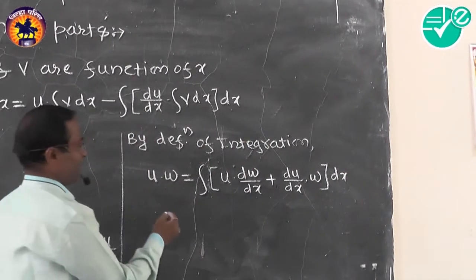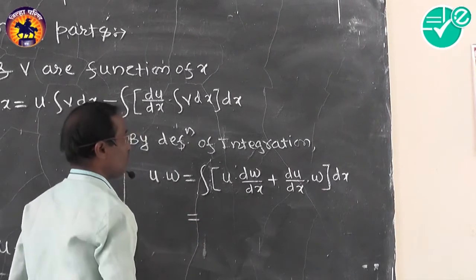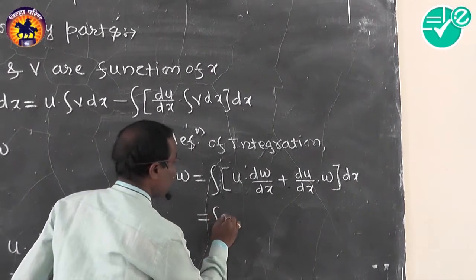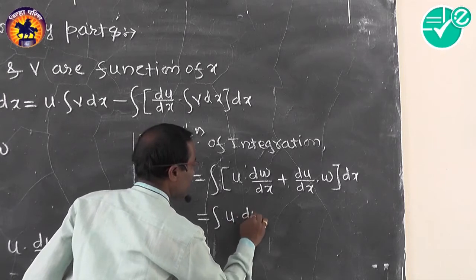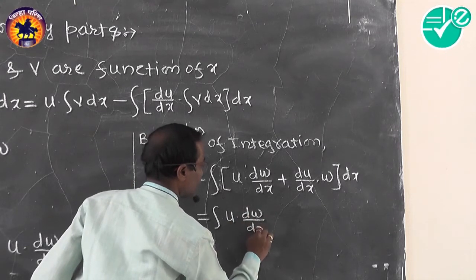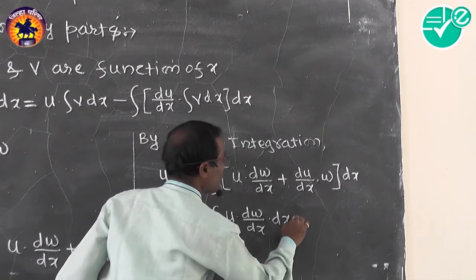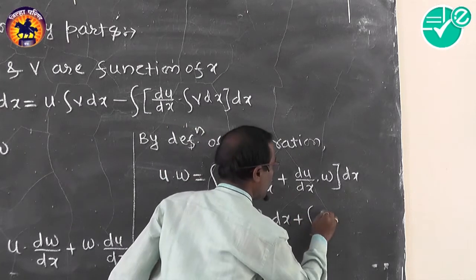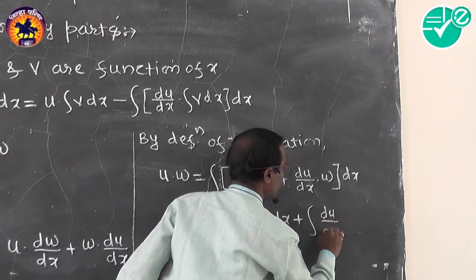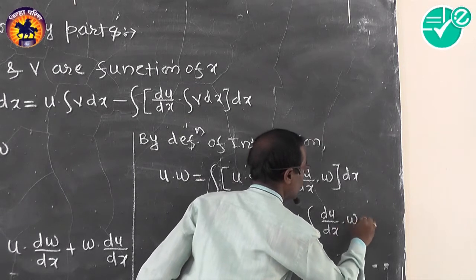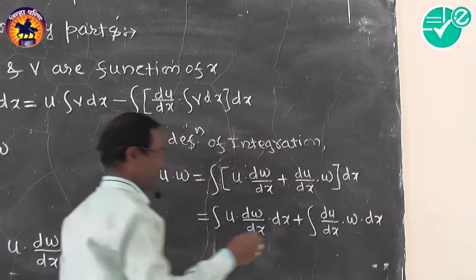Now write down the separate integration. So we get the integral of u into dw by dx with respect to x plus the integral of du by dx into w with respect to x.